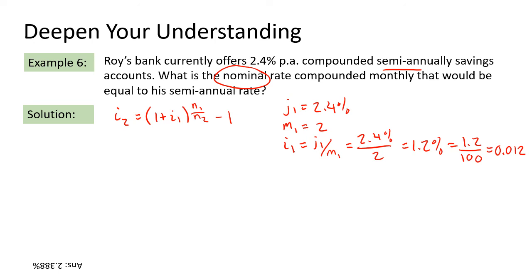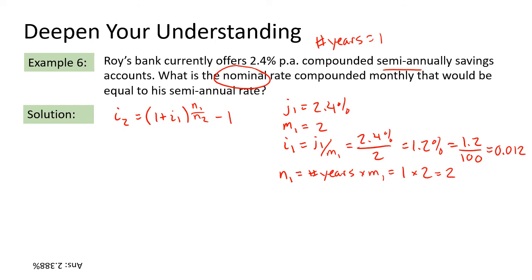So now, like last time, we need the number of compounding periods for both scenarios. Again, I didn't provide you a number of years, so assume it's 1. So first one, N1 is equal to the number of years multiplied by the number of compounding periods per year, M1, which is equal to 1 times 2, which is equal to 2.